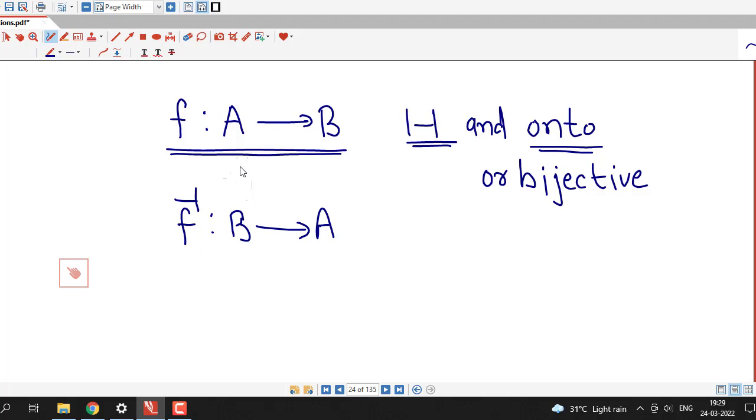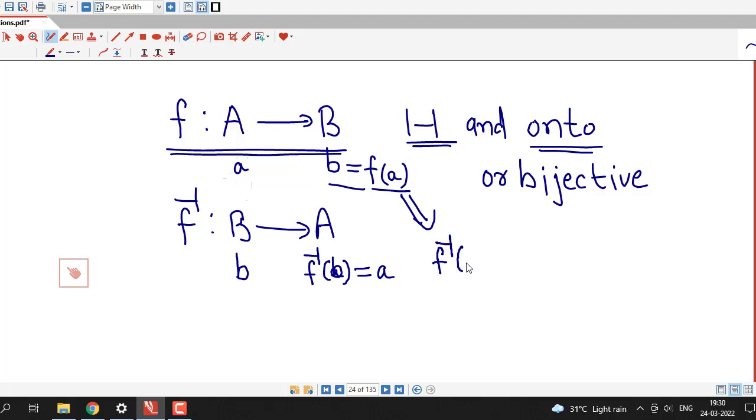Now suppose for element A the image is B under this function f, then we know that B is equal to f of A, and we are considering f inverse from B to A. So if we consider B here, then its image will be f inverse B. If f of A equal to B, then f inverse B will be equal to A. If we reverse on both sides here, we can understand it in this way.